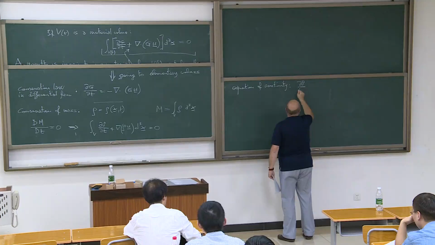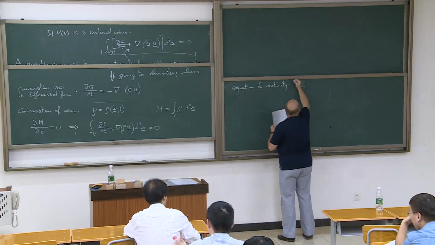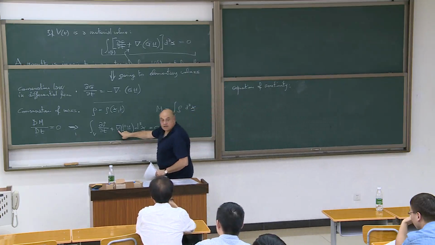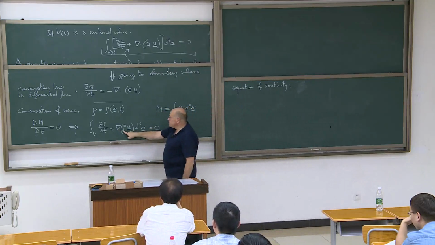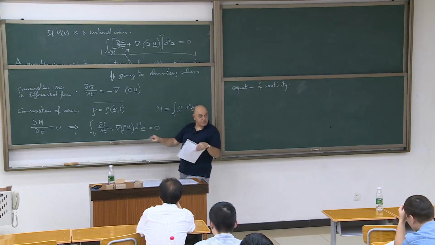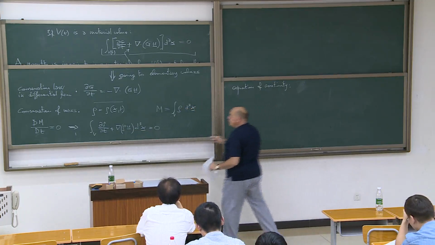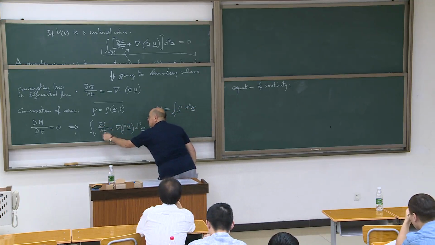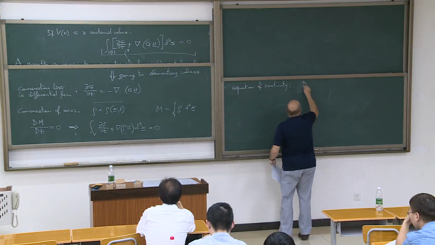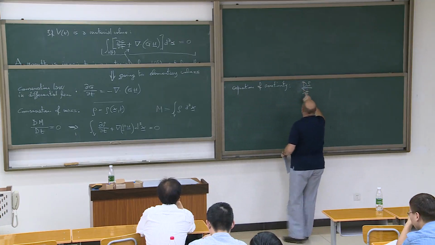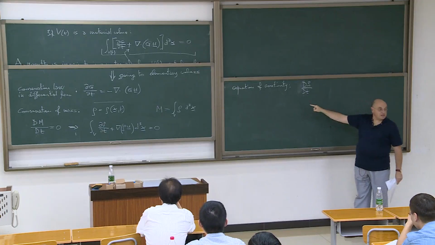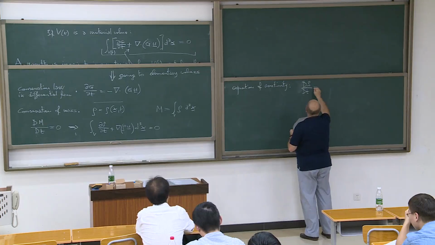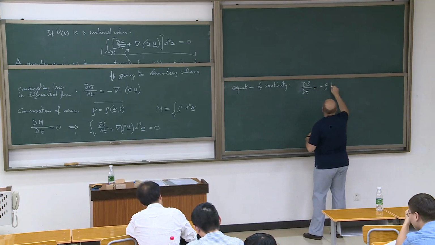Let me work out this operator that works on rho and on u. I split the two parts and regroup the part on rho with the d rho dt. So I have d rho dt, remember the Lagrangian derivative, time plus space, equal minus rho div u.